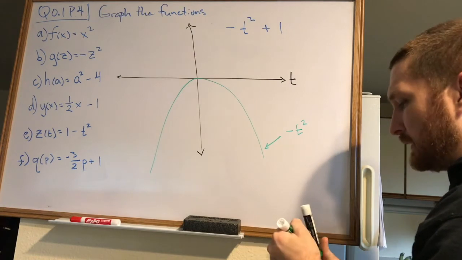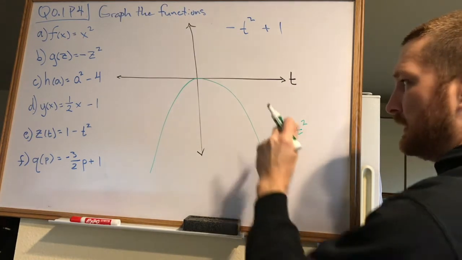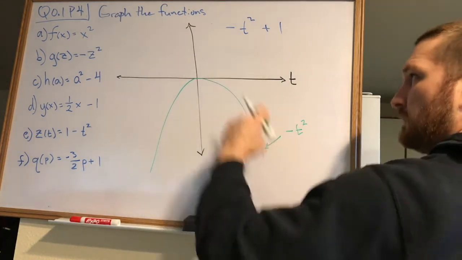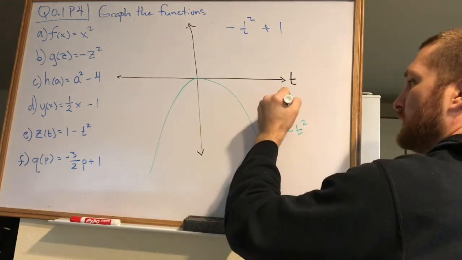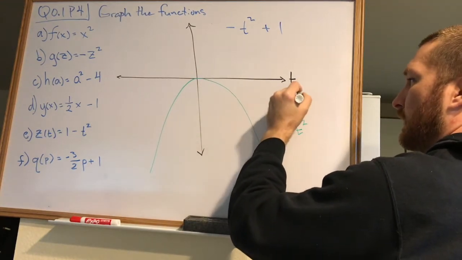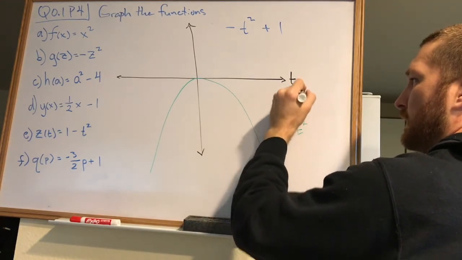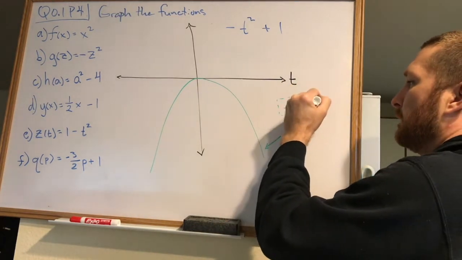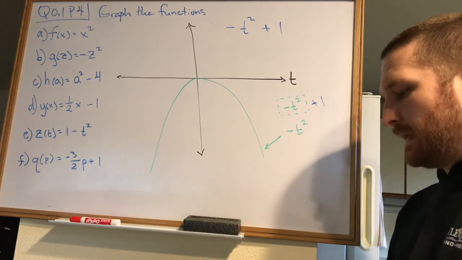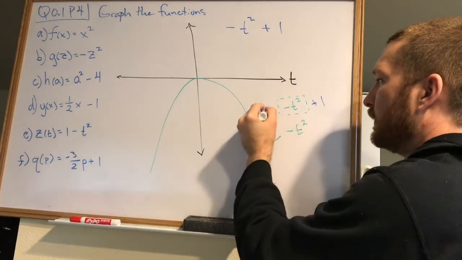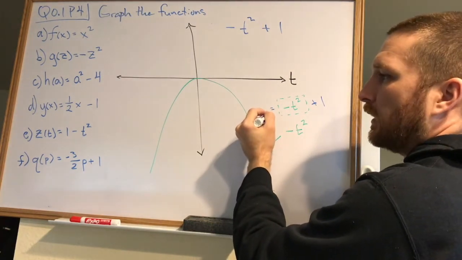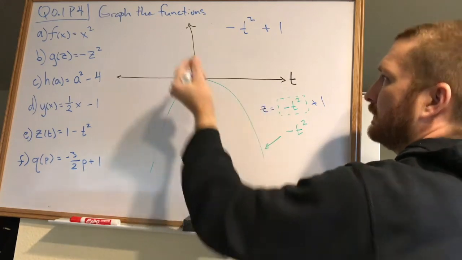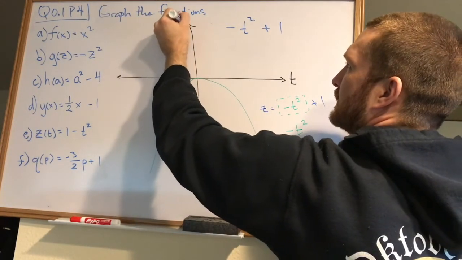To be explicit, it's like saying take this green object, which is negative t squared. You have all those outputs right there. And then you're going to add 1 to it. And that will be your new output, which we're calling z. I guess we'll go ahead and label this as z.